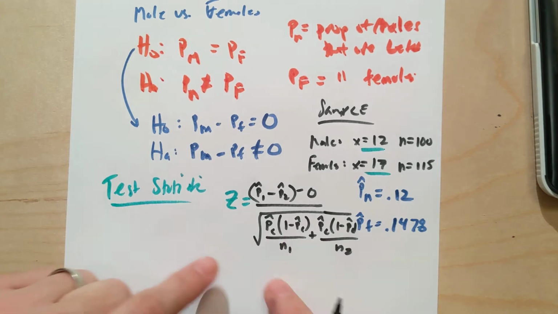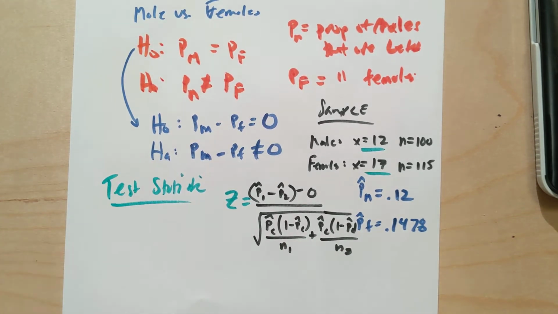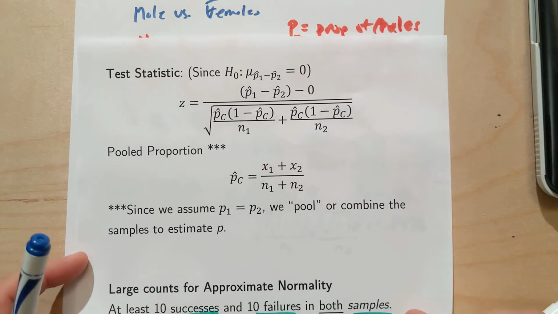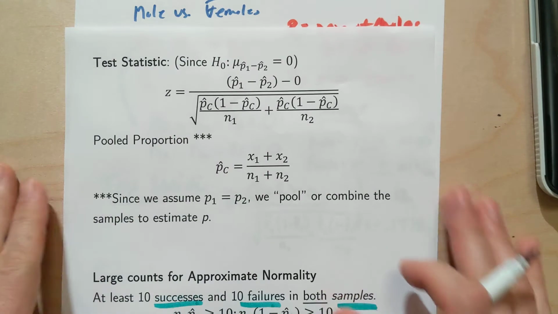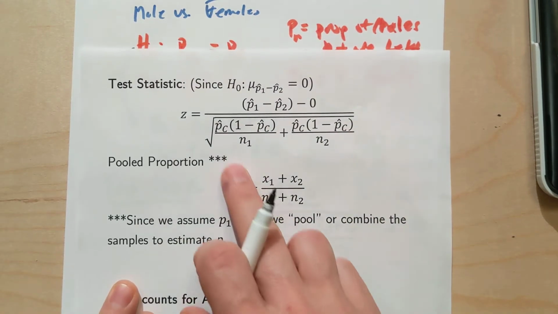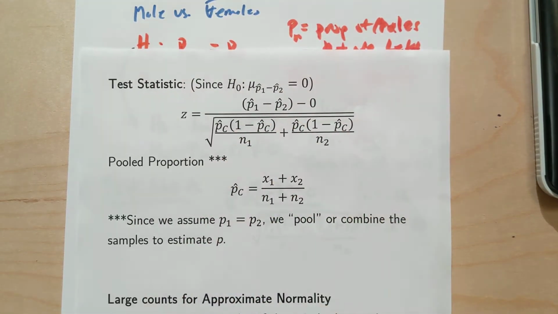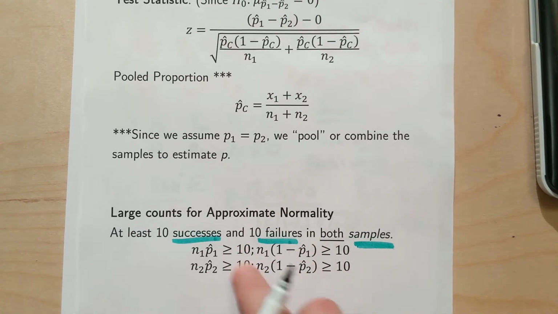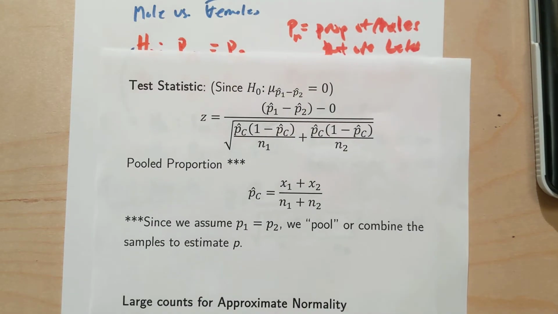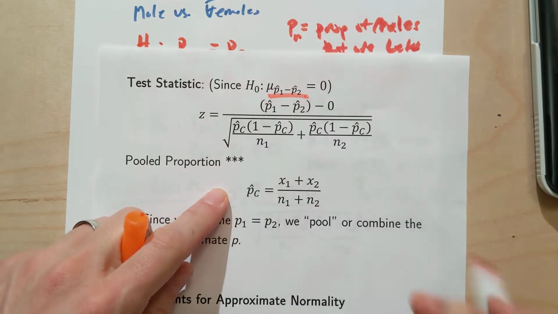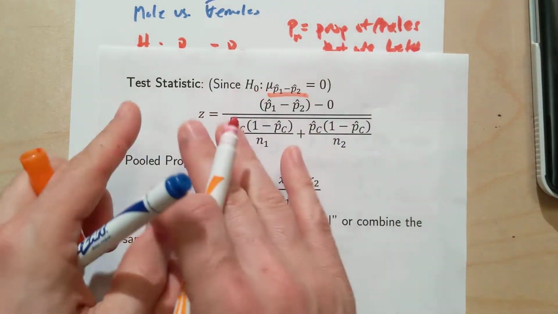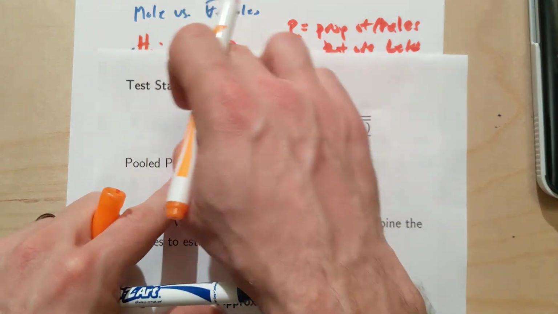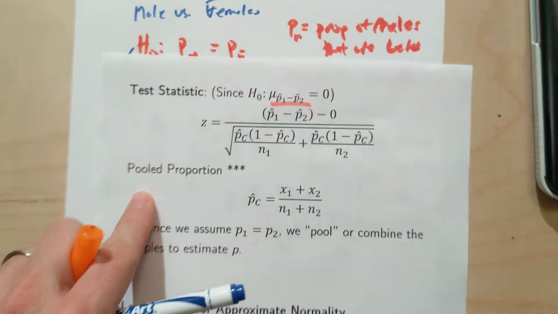But notice that all of a sudden I'm bringing in here for the standard deviation a p-hat c. Here's a bigger version of this test statistic. When I calculate this test statistic, even though I didn't have any type of estimate or expectation that I could use for large counts in terms of my successes and failures, our null hypothesis says that there's no difference between the proportions in population 1 and population 2, say in the proportion of males that are left-handed and the proportion of females that are left-handed.